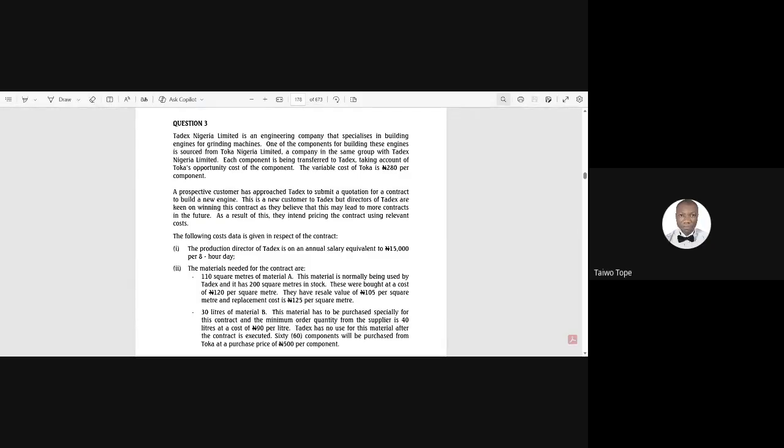So 110, and since it's in regular use, the replacement cost would be what? 125 per square meter. So 125 multiplied by 110 that you need gives us 13,750.